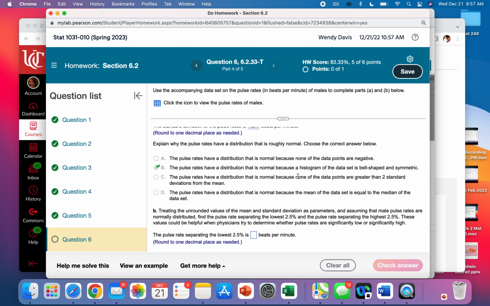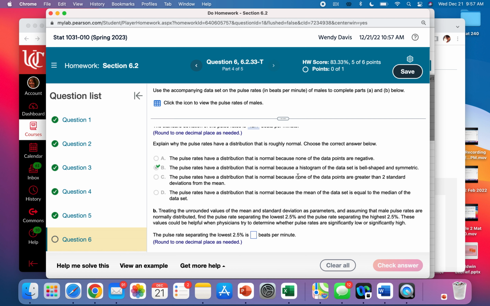Using the calculator, if 2.5% is on the left and 2.5% is on the right, that means 2.5 plus 2.5 equals 5%.